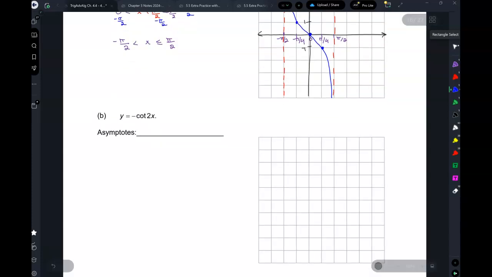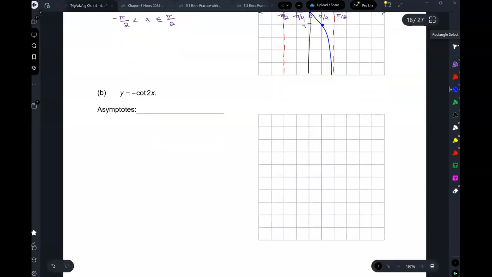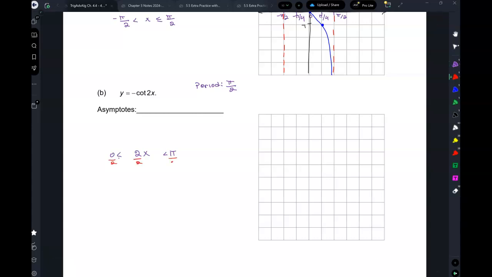Okay, so here we go. Now we have negative cotangent 2x. All right. So what's the period here? Pi over 2. Okay, so now we're going to go from 0 to pi. And inside I'm going to put 2x. Divide by 2, divide by 2, divide by 2.